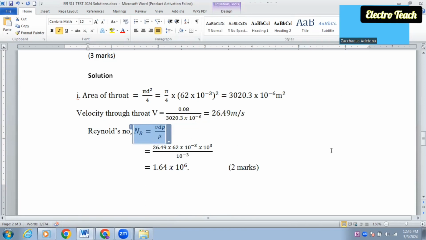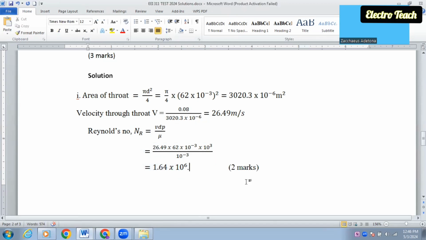That is the formula for calculating the Reynolds number. If you substitute everything in this equation, we have 26.49 times 62 times 10 to the power minus 3 times 10 to the power 3 divided by 10 to the power minus 3. And we have 1.64 times 10 to the power 6.